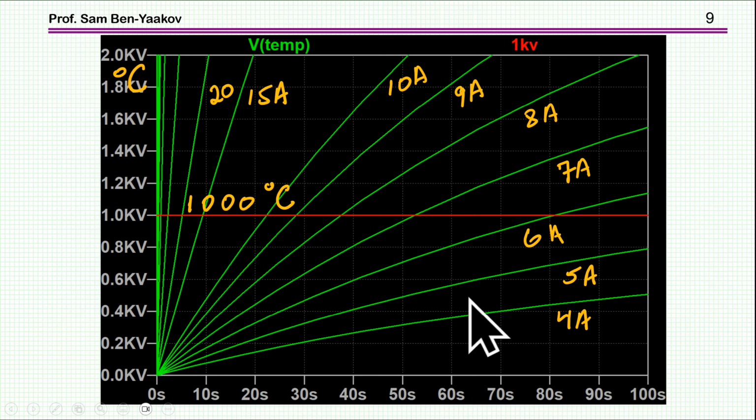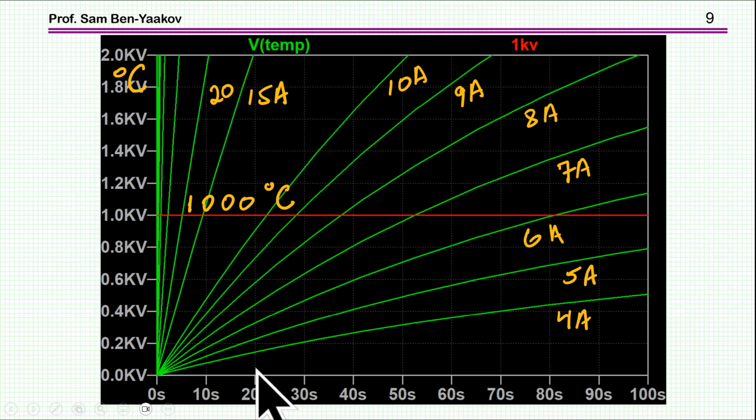What we see here is that, for example, if the current is 4 amp, it'll take a long time, if ever, to actually reach the 1000. On the other hand, 6 amp hits it here, so it'll melt or break after 80 seconds at 6 amp. However, if the current is 10 amp, then it'll take only about 25 seconds.